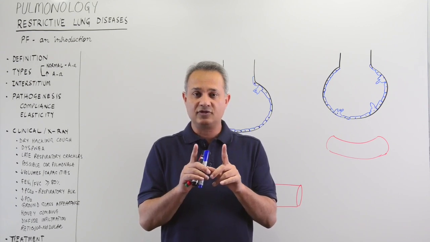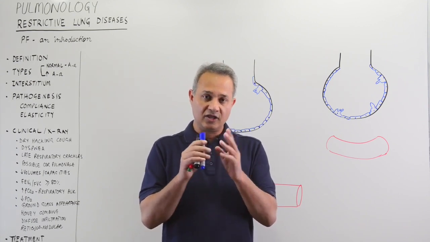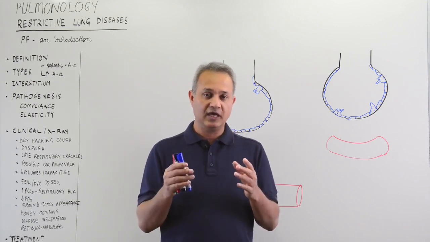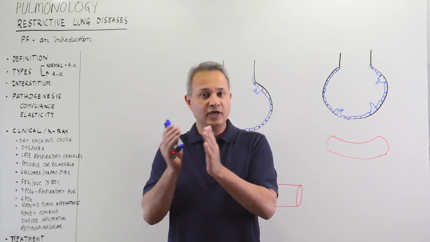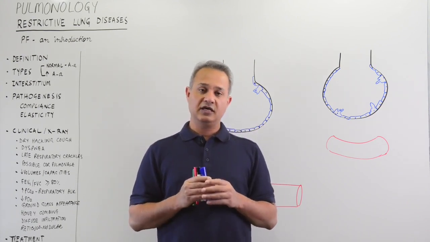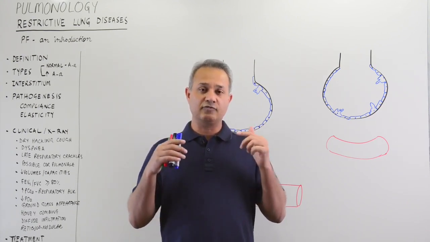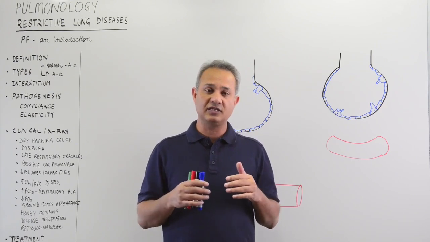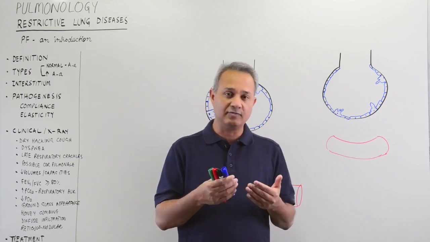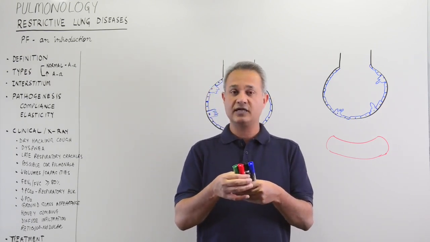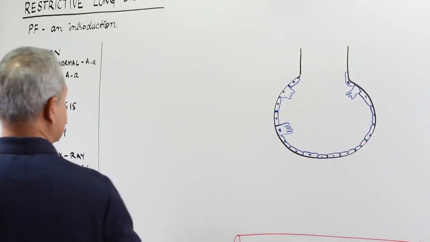The types of restrictive lung diseases are three primary types, and then under each type we have separate definitions. The definition and the diseases that we will primarily cover in this series are going to be the lung parenchymal diseases. So let's first look at the types of the restrictive lung diseases.